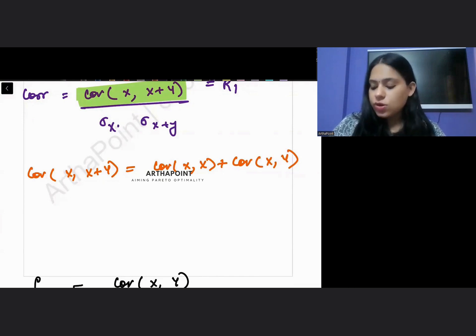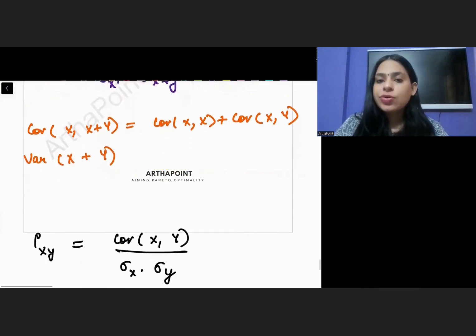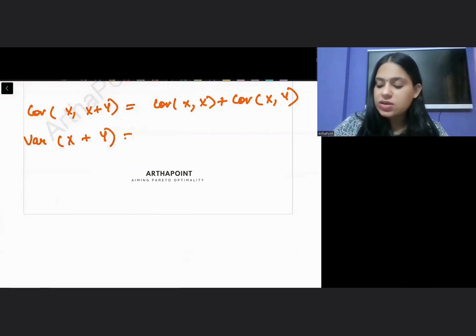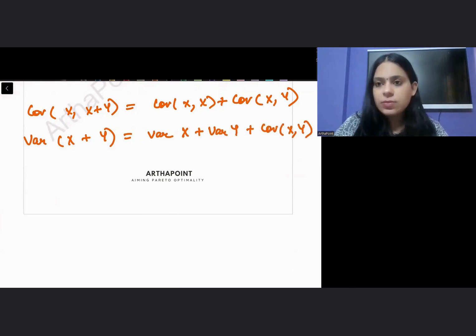And if I ask what is going to be the variance of X plus Y, you're going to tell me that the variance of X plus Y is going to be the variance of X plus the variance of Y plus the covariance between X and Y, right?